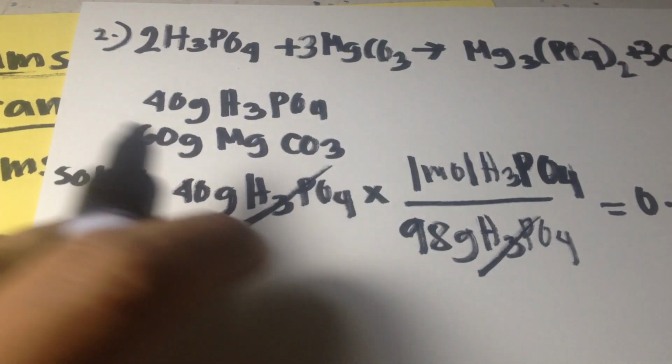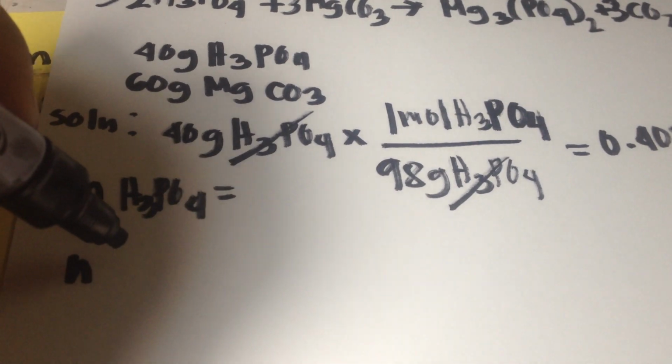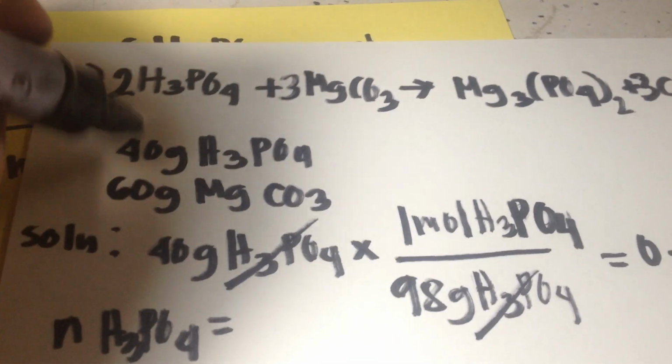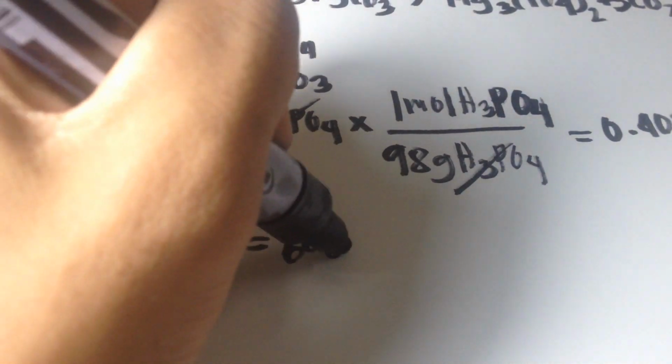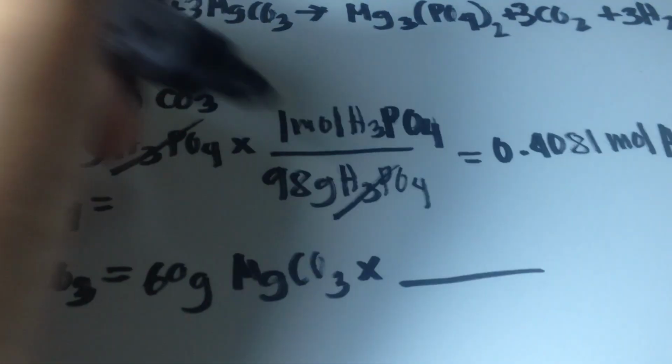Okay, and then we have the moles of magnesium carbonate. We have 60 grams of magnesium carbonate, times the molecular weight, which is 84.3 grams of magnesium carbonate per 1 mole of magnesium carbonate.